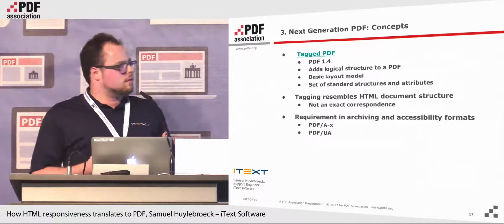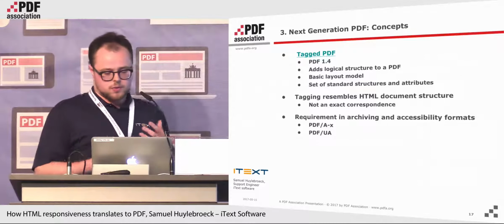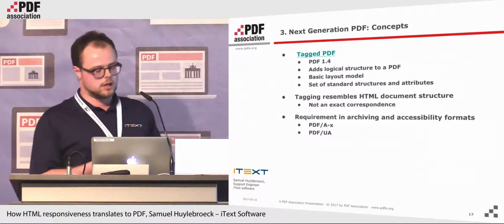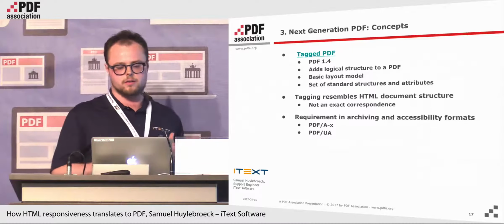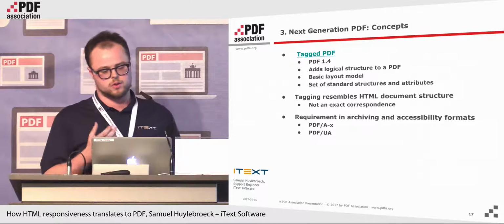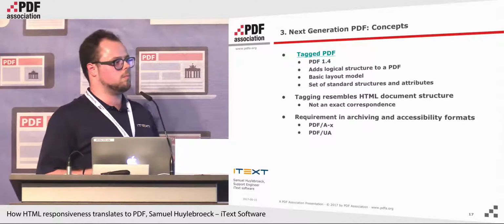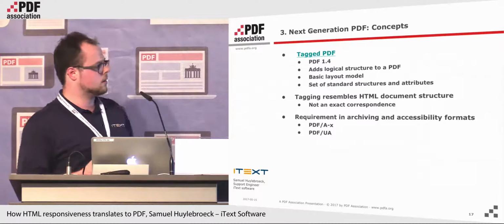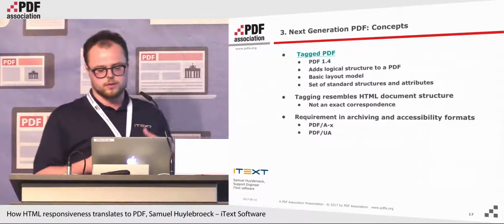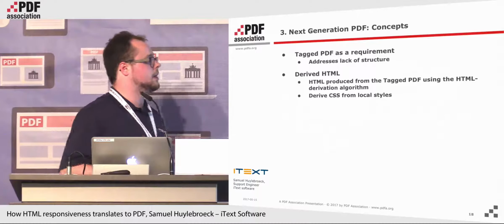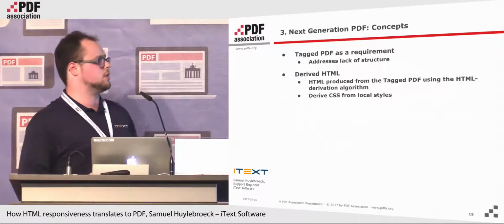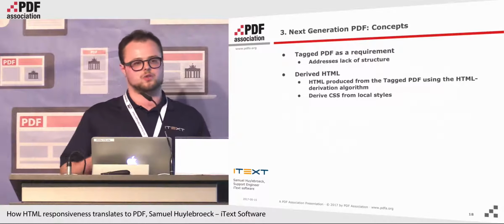The original uses for tagged PDF were in conjunction with text extraction and graphics extraction and automatic reflow. There are still valid use cases today, which is why it's interesting to have tagged PDF as a requirement for next generation PDF to address this lack of structure.